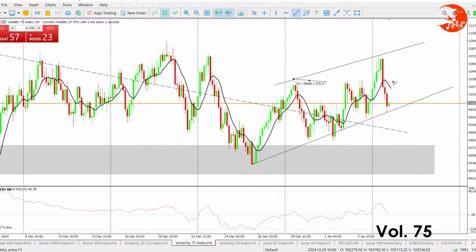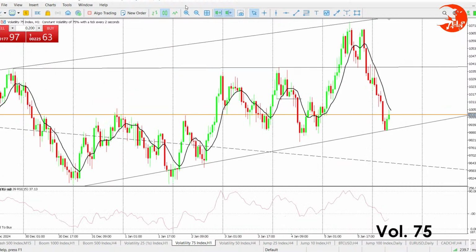Market structure, this was a break of structure right here, and now it's coming in again with a buy. According to CCI, this is a buy that we want to see to take us to overbought level. So if this is our support trend line and it is confirmed, that means if we go to H1, we should be looking for buys.